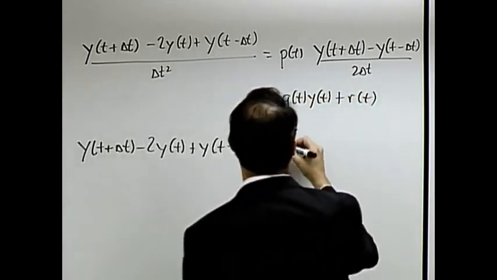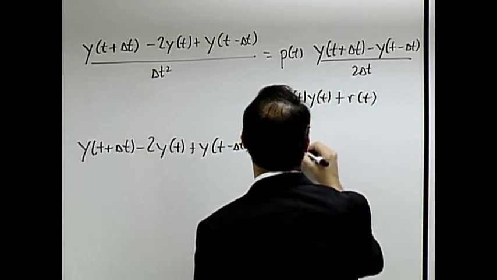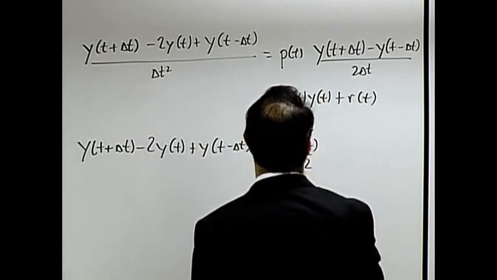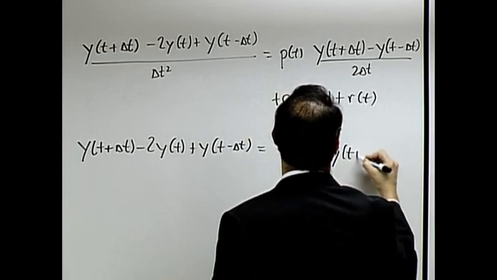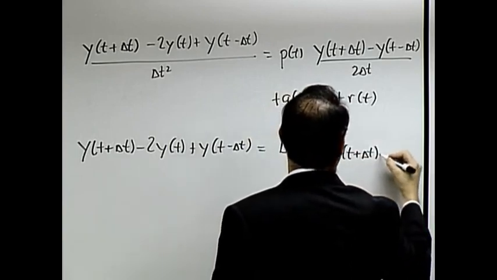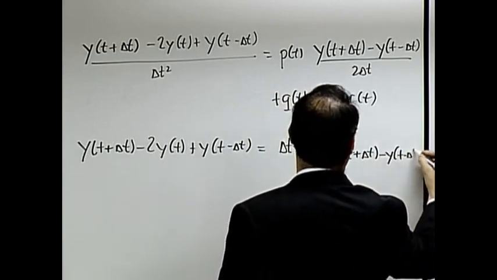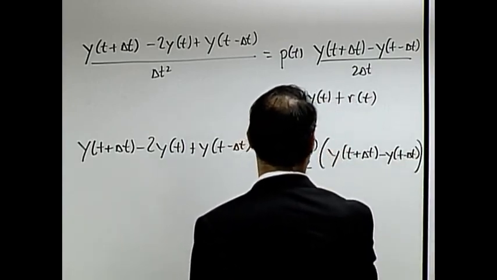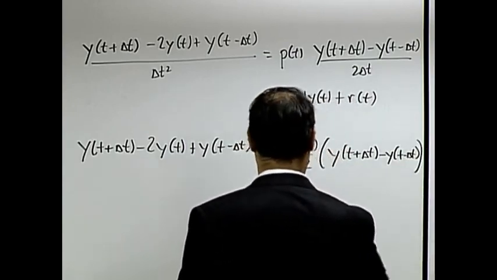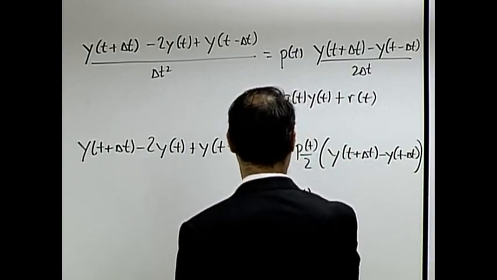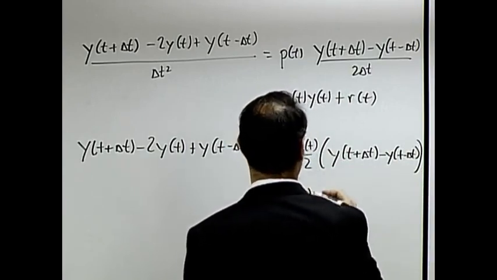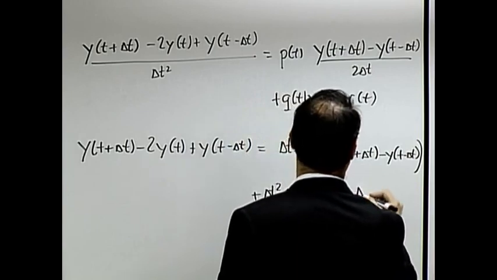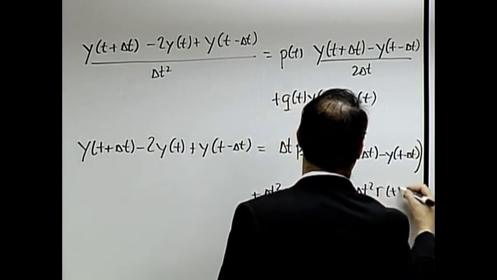So then I have delta t p of t over 2, and then I have y of t plus delta t minus y of t minus delta t, plus q of t. Actually, there's the delta t squared on this one. delta t squared q of t y of t plus delta t squared r of t.